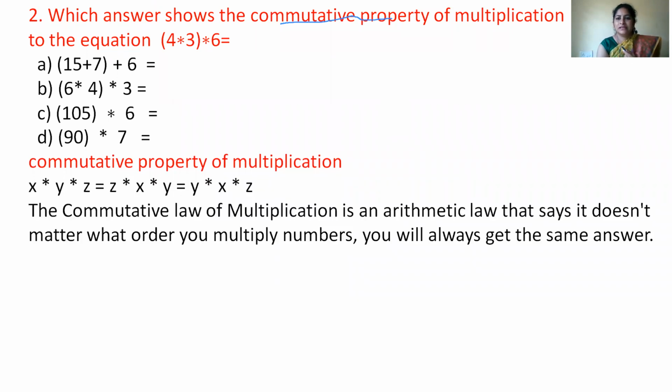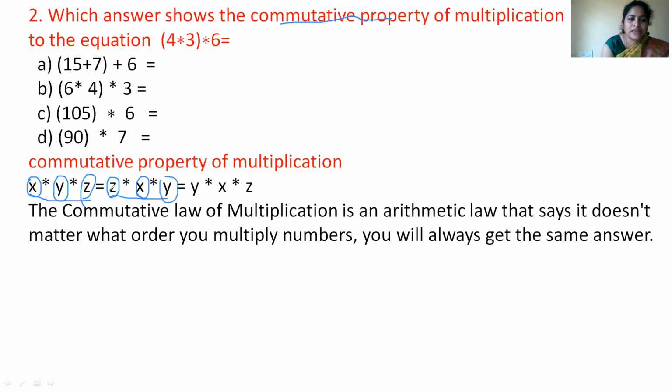Whenever 2 or 3 variables are given, however many variables it is, this x, y and z are called variables. When you write them in a different order, that is, in the beginning we have x into y, instead of writing x into y, we can write it as z into x, and in place of z, place it as y.